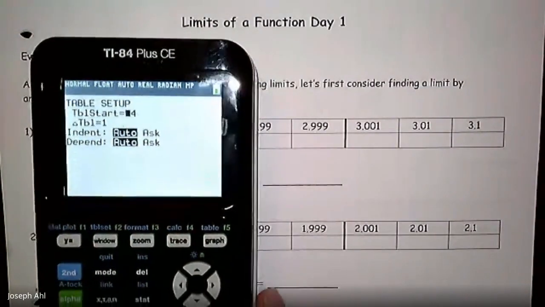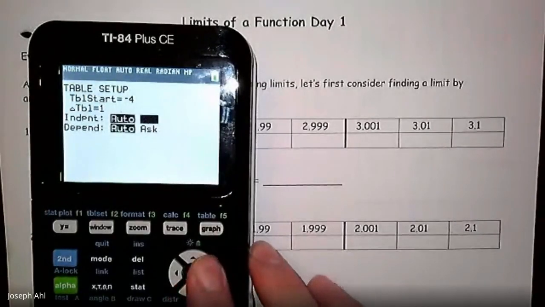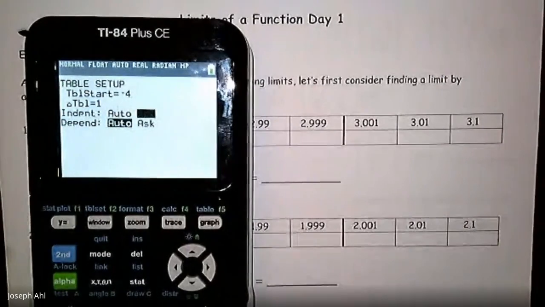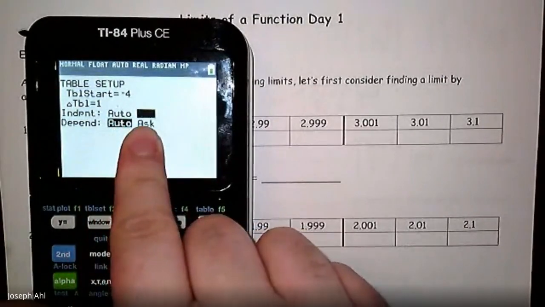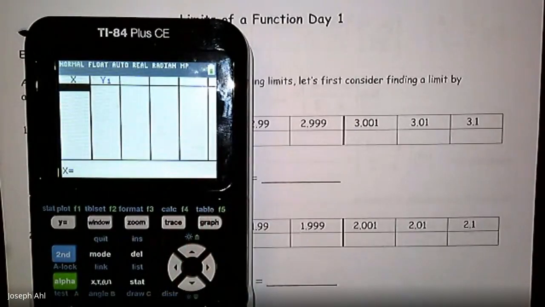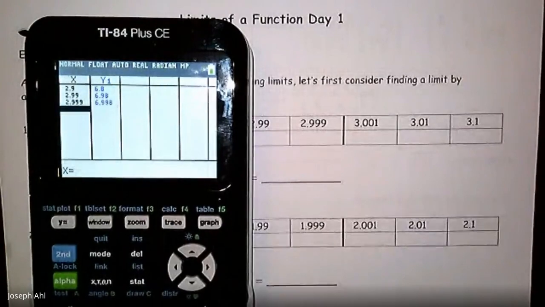Make sure your independent is set to ask. This isn't something we've done in a while, so make sure the independent variable says ask. This way, when you go to your table, second graph, it should be blank. You're going to start typing in the values that are listed for x up here, which include things like 2.9 and 2.99 and 2.999.